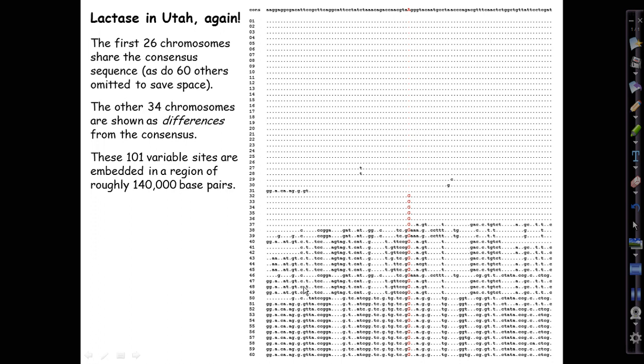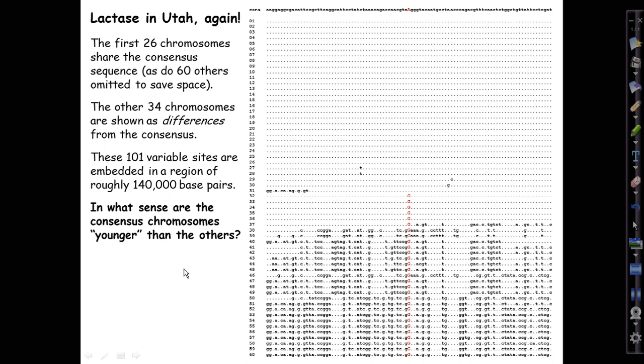We're just focusing here on the sites that are variable and that let us see this pattern of improbably large number of chromosomes that have not diverged at all in this region, or only very slightly. For example, this T here and a few other very low frequency new changes.